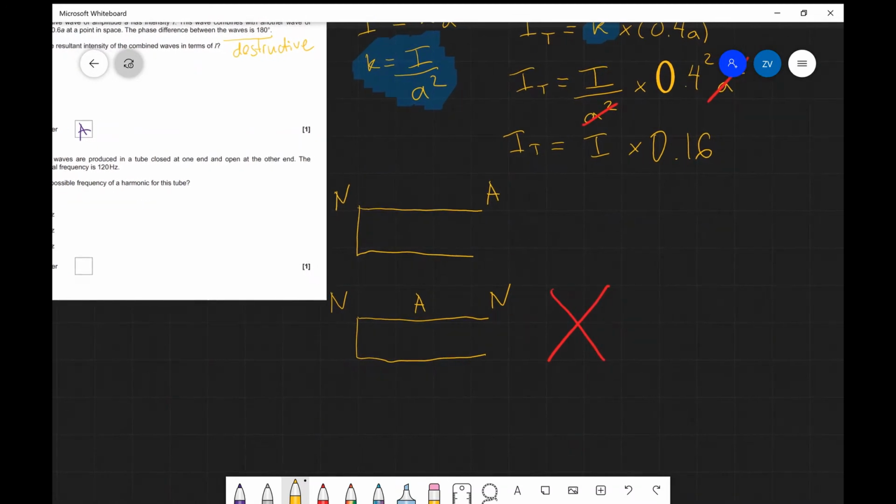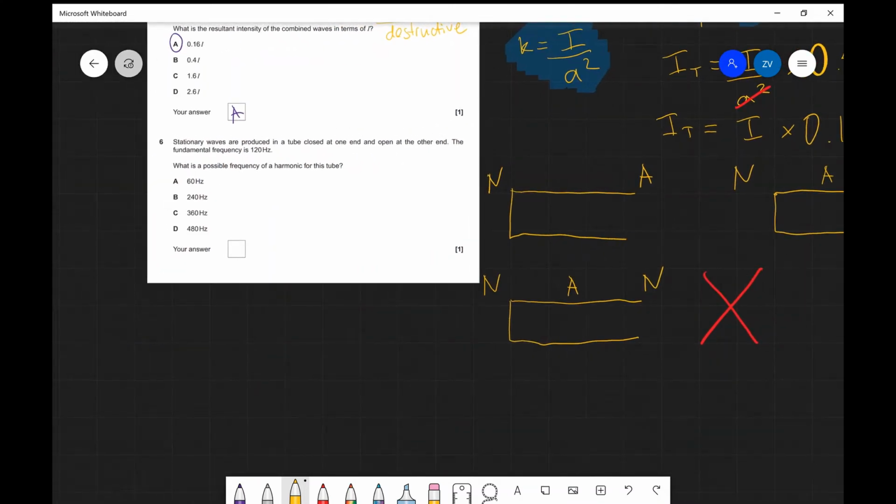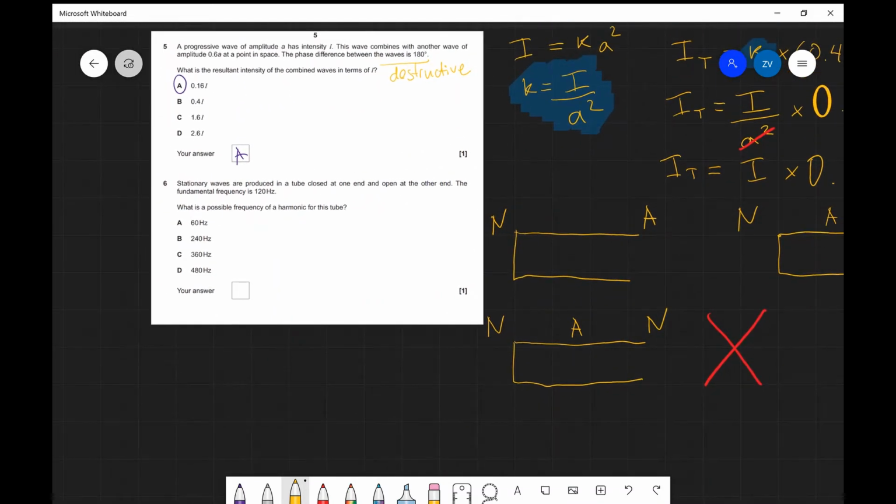So if we have an odd multiple, let's say 3 times the frequency, we're going to get a node on one end, then an antinode, then a node, and then another antinode towards the end of the tube. So odd multiples are fine. If our fundamental frequency is 120 Hertz, 60, that's a factor of a half, so that's even, so it's not going to be this one.